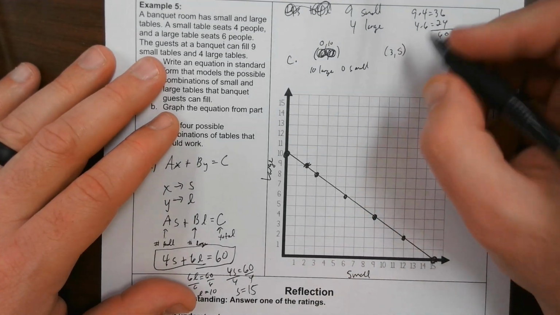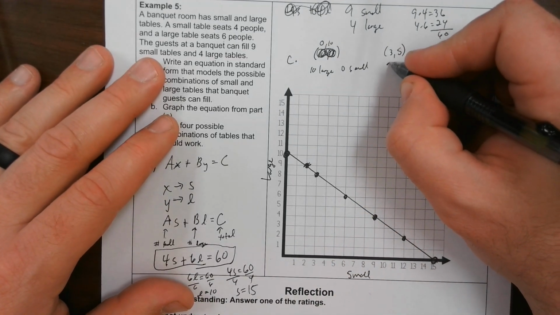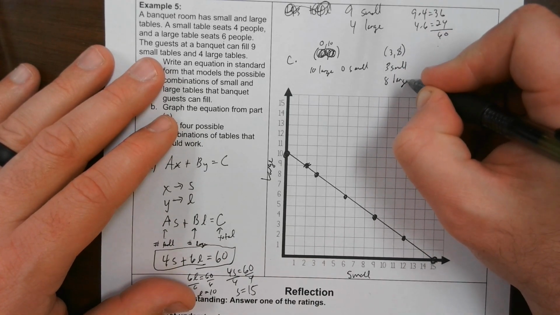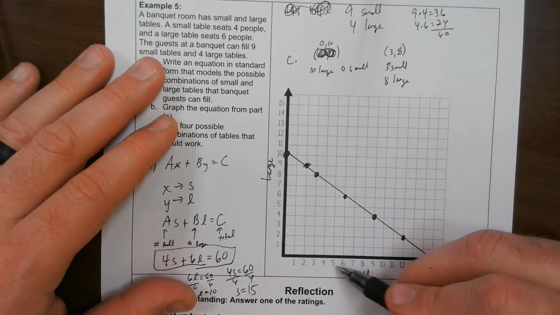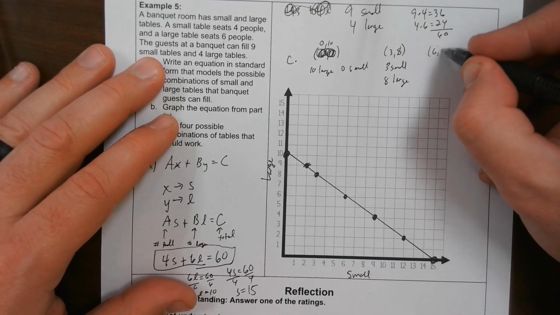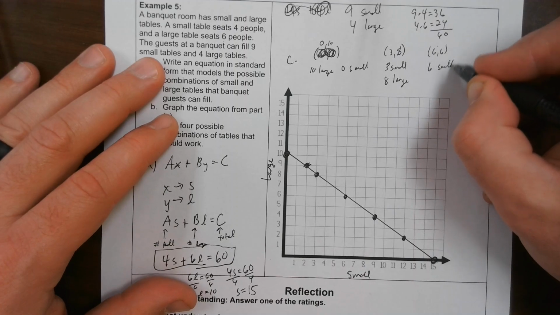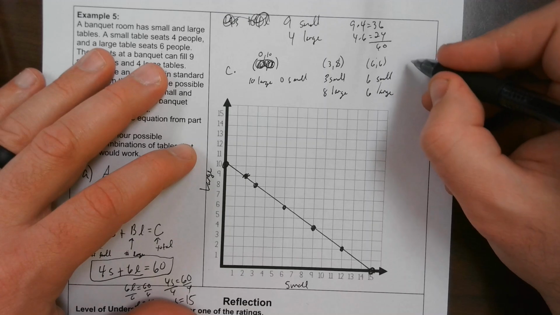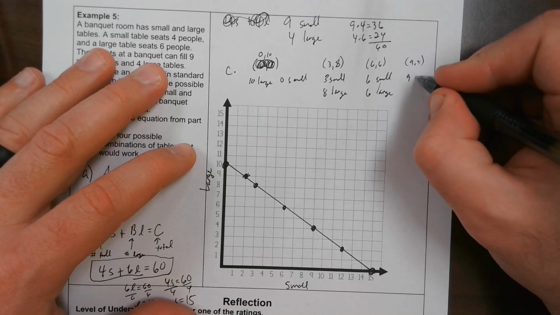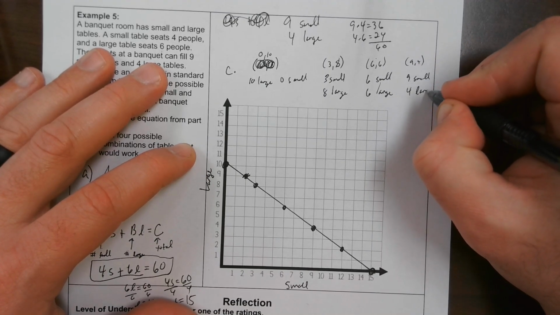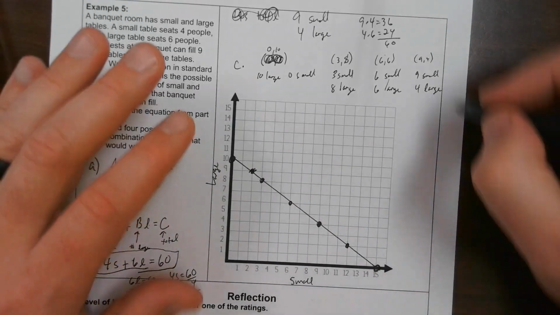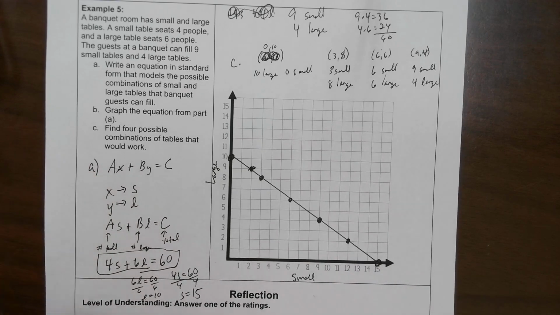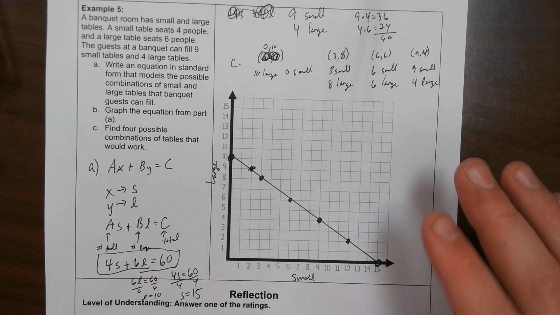Then 3, 8, meaning 3 small and 8 large. 6, 6, meaning 6 small, 6 large, or 9, 4, meaning 9 small and 4 large. Or we could keep going, and there are 2 other possible combinations, but they only asked us to list 4, so we will stop there.